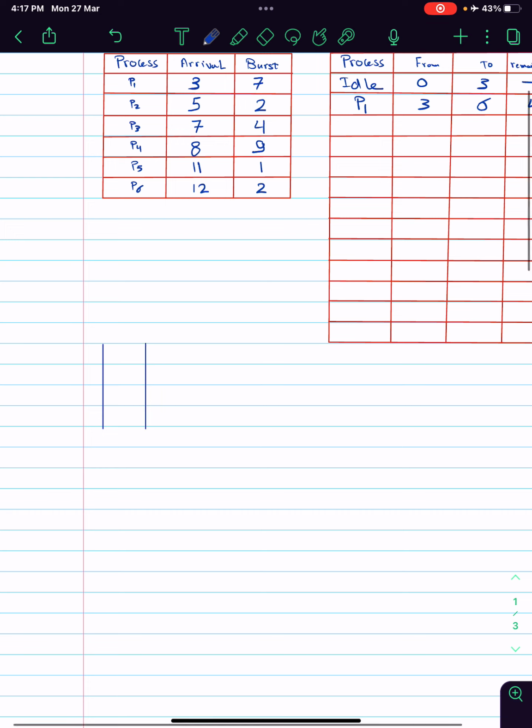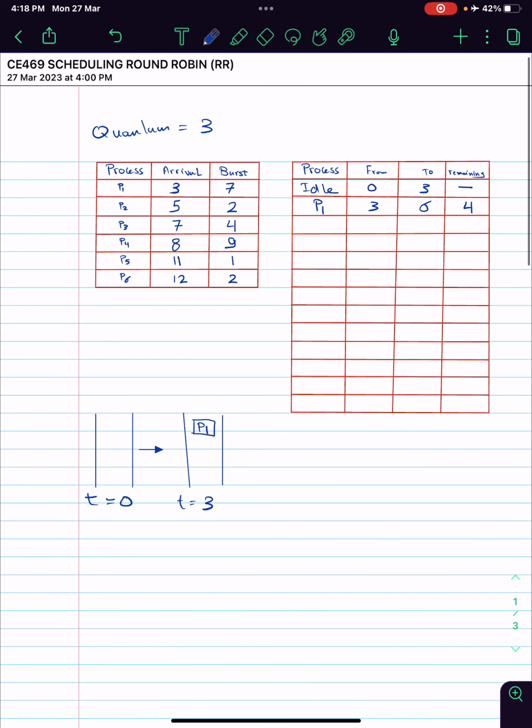As you can see, at time 0, T is time, okay? At time 0, the queue is actually empty. And then at time 3, I have P1 on top of the queue.